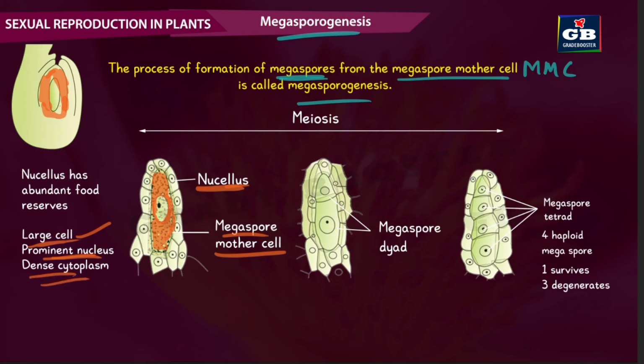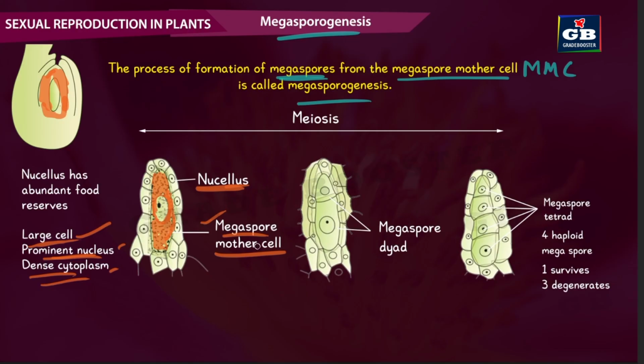The cytoplasm has so many dots. So what are the features of this megaspore mother cell? It is large in size, it has a prominent nucleus, and it has dense cytoplasm. These are the features of the megaspore mother cell.